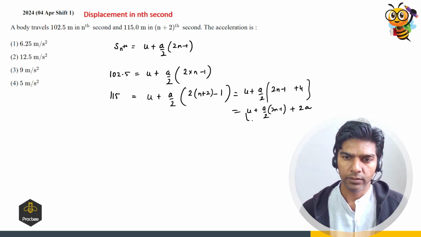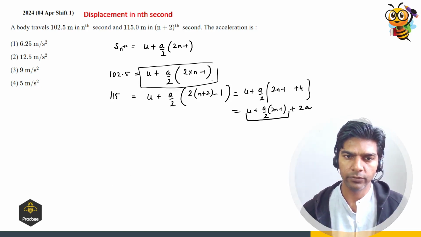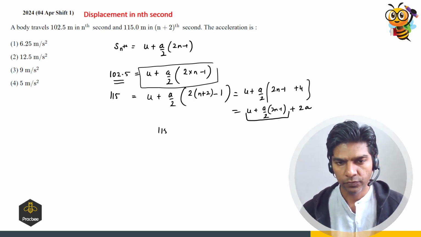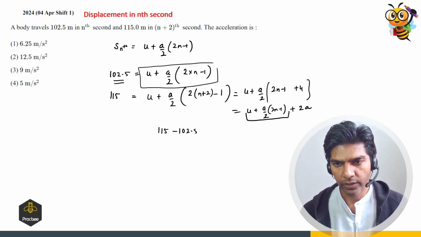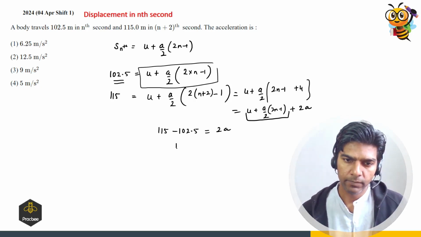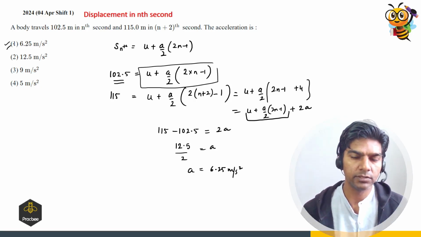Now if you look at these first two terms, it is nothing but u plus a by 2 times 2n minus 1, which is 102.5. So 115 minus 102.5 will give us 2 times a, right? So this comes out to be 12.5 by 2. So the acceleration comes out to be 6.25 meter per second square. So option 1 is the right answer.